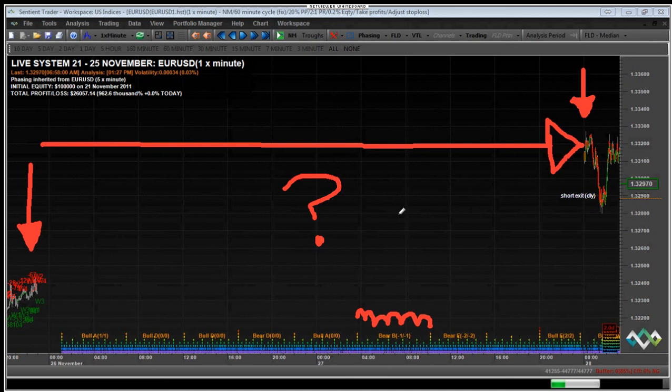So you cannot start trading the 1 hour cycle until Sentient Trader has found a trough of the 5 hour cycle. How long will it take Sentient Trader to find a trough of the 5 hour cycle? Well, it must find a trough of the 5 hour cycle in 1.5 times the wavelength of that cycle. In other words, 7.5 hours.